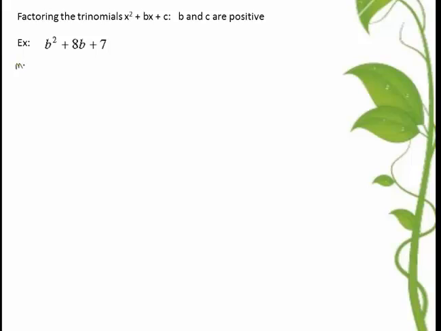So method 1 is our factor and sum table. So what we do is we take the factors of the last term, so c. So factors of 7, and then we add them together and find their sum.